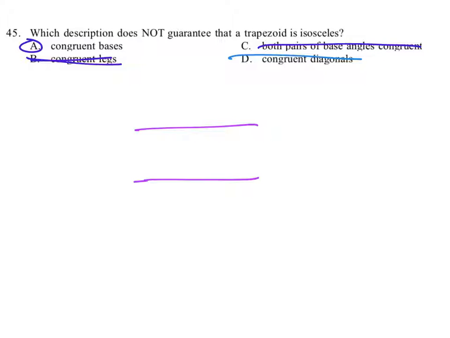Or we dragged one, let me just do a little bit of eraser trick here. They're the same length, but they're not lined up, in which case if you connect the vertices there and there, those two sides are also going to be parallel. No matter what, if they have congruent bases, then because they're parallel and congruent, that's a way that you prove that something is a parallelogram, if you recall that.